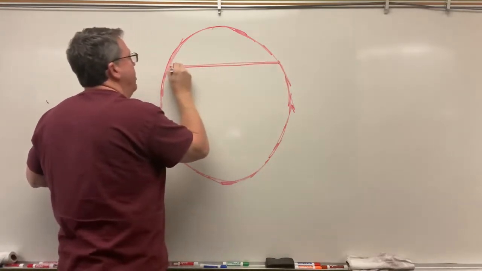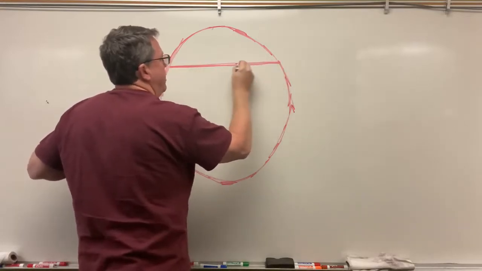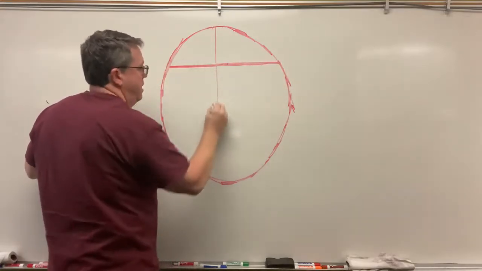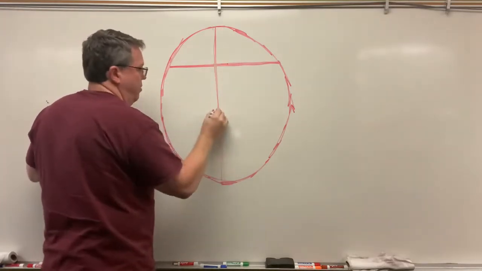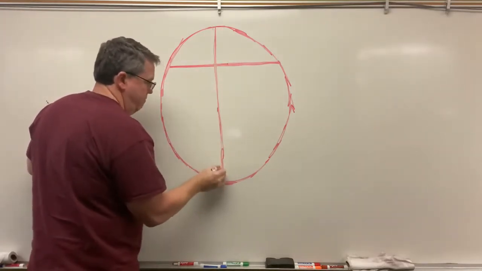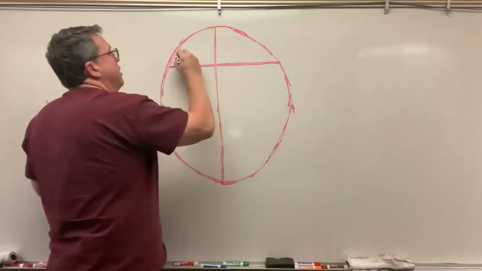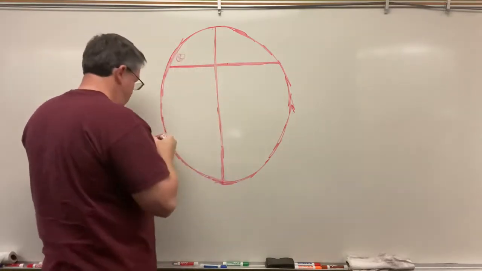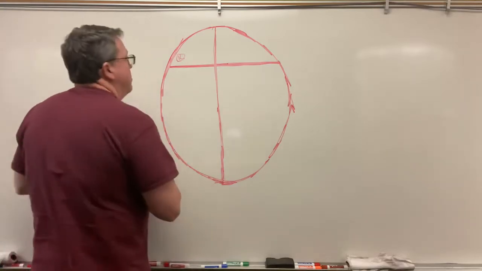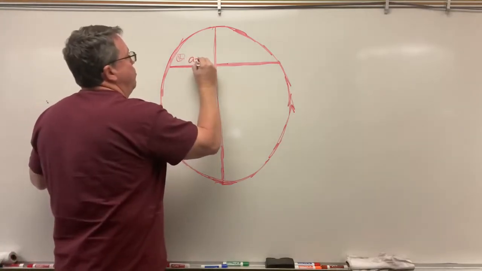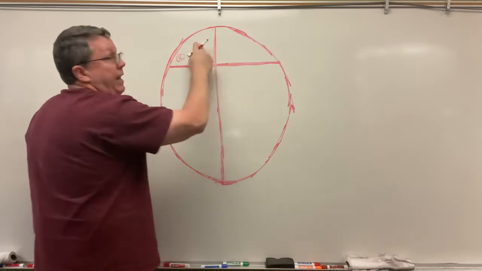On the top part is called the atria. That's going to be up here, and then on the bottom part we have something called ventricles. So this is my right atrium, and this is where blood enters the heart.